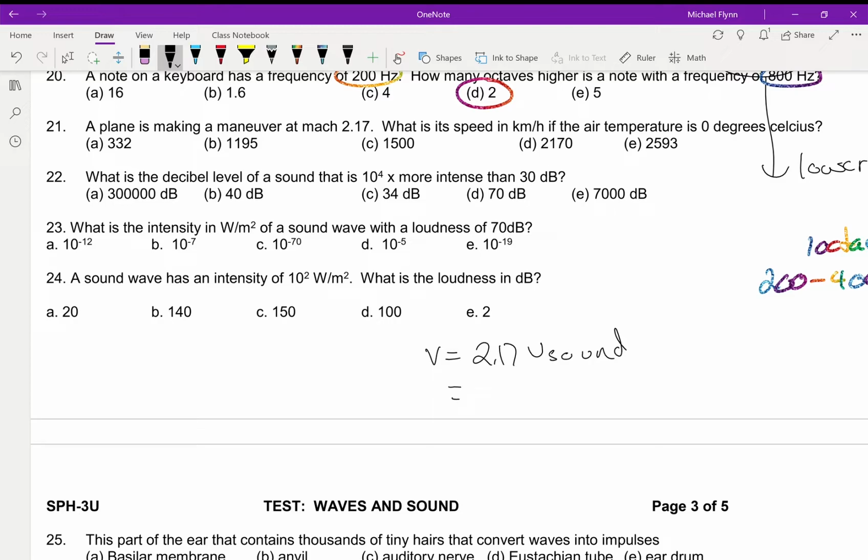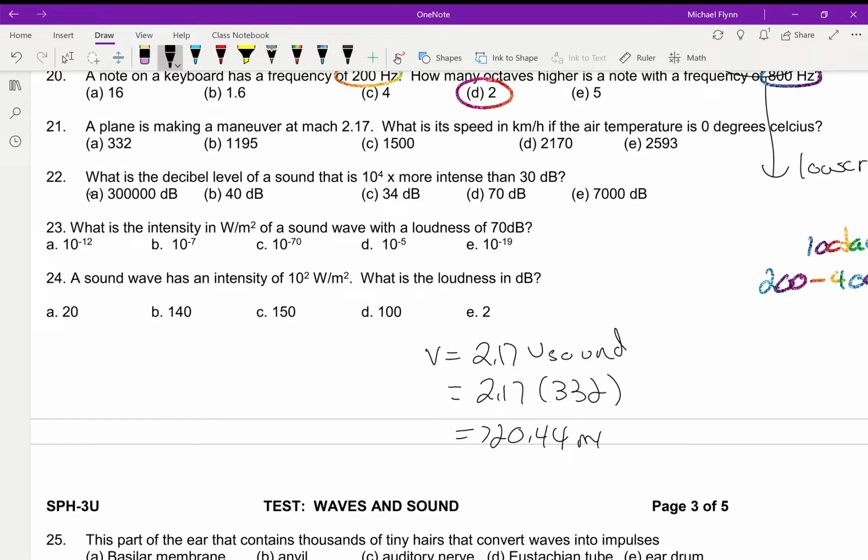So it's 0 degrees Celsius, so it's 2.17 times 332. But we have to convert that to kilometers per hour. So first, I'll just go 2.17 times 332, and I get 720.44.